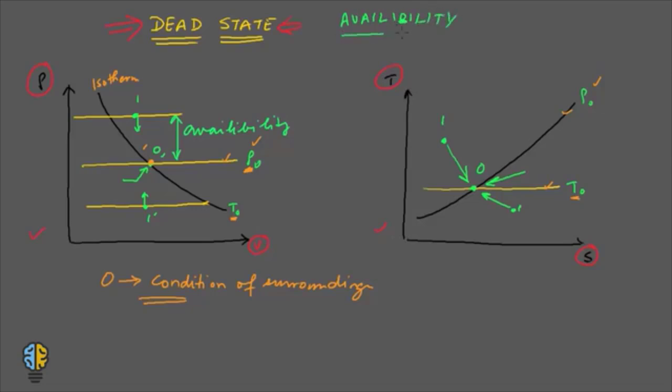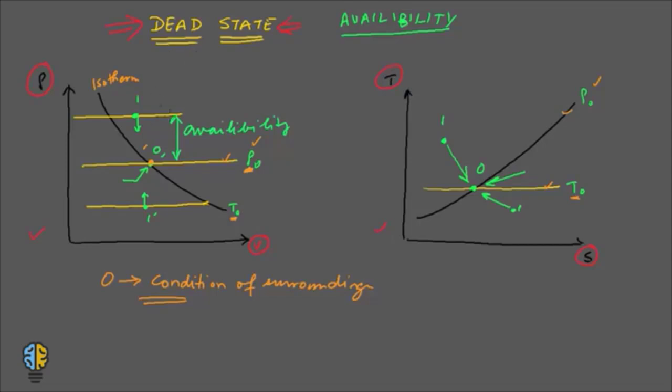Availability is an indication of the amount of work that can be extracted from this or from any system, or it is a measure of the available energy. Now if you talk about the dead state, let's first of all look at the diagram.